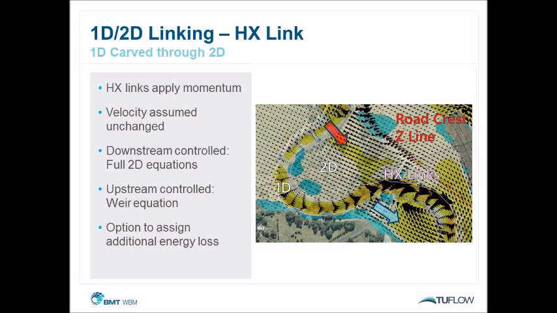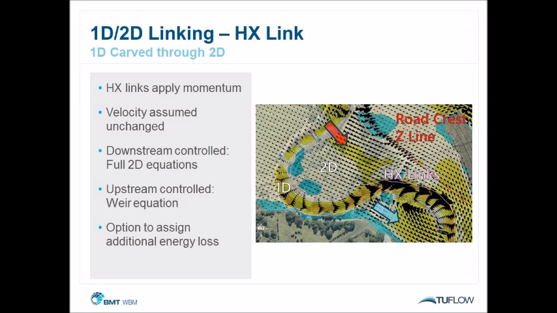Down where that yellow arrow is, there's another short-cutting of a meander. You see the 2D flows are being generated very nicely across that HX link and back into the 1D system. So we do find that the HX link is very nice where you have quite complex flows and you're trying to use a 1D representation for that embanked river or creek.